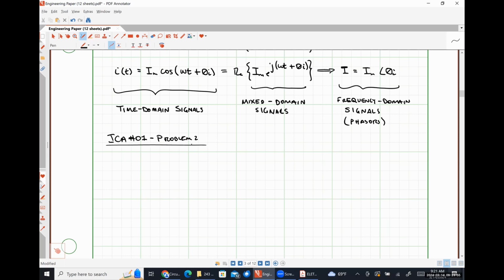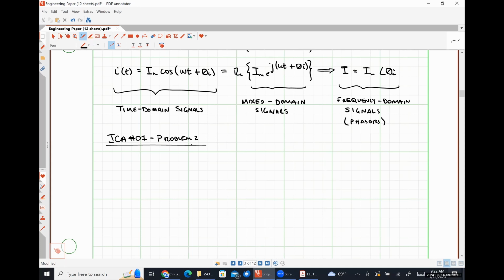In this problem, we are asked to express the following time domain signals as phasors with positive magnitudes in the frequency domain.